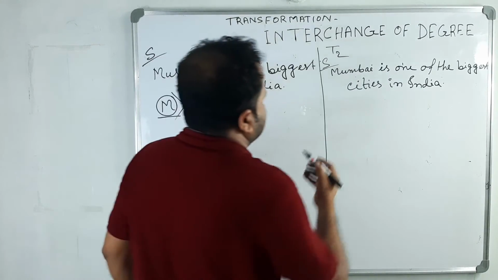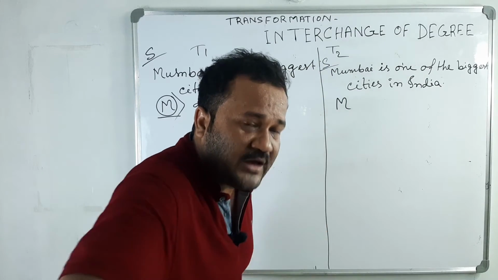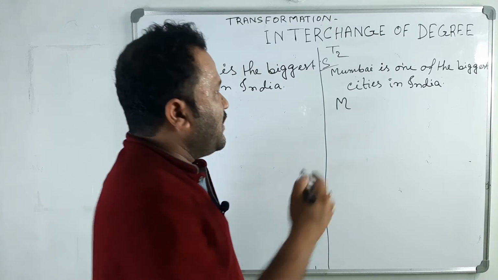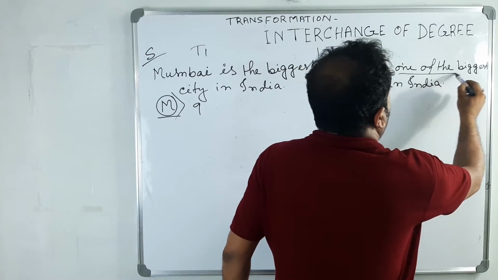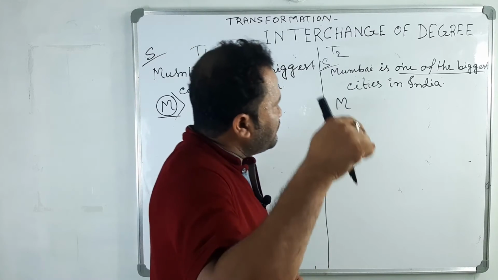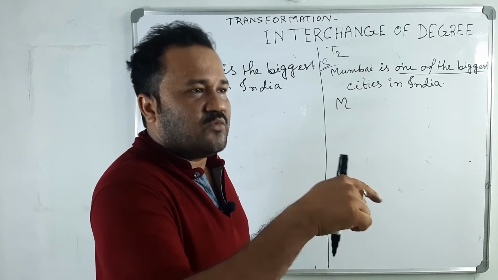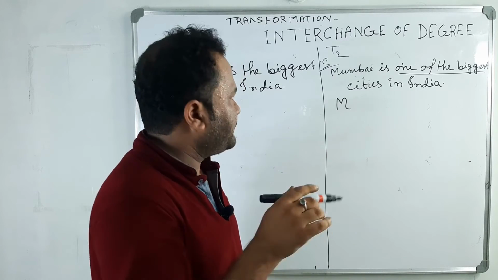Now, in the second example, Mumbai is one of the biggest cities. When you write one of the, that means there are a few other cities, and within those few cities, Mumbai is one. Mumbai is one of them. Clear?